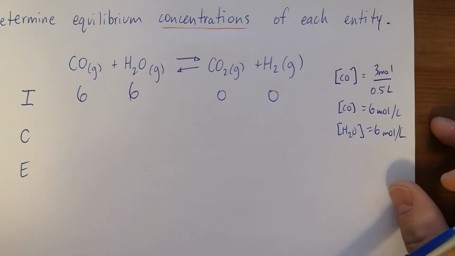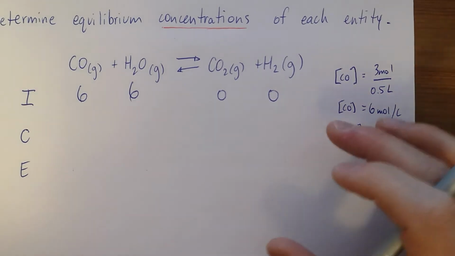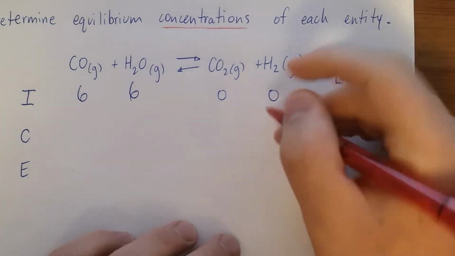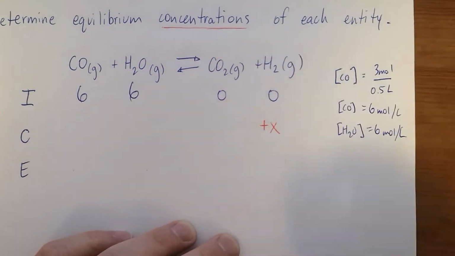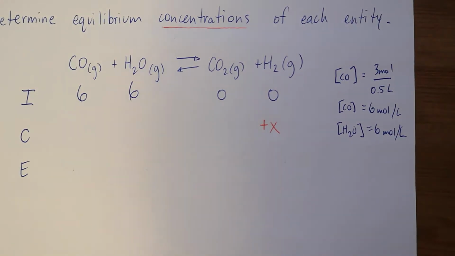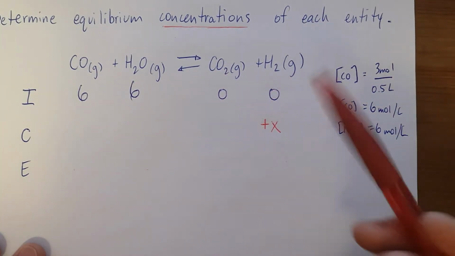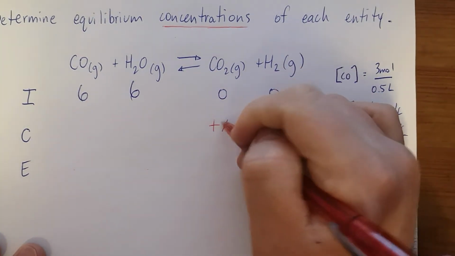What we do is we assume that one of these changes by an amount that I'm going to call x. I'll just start on the right. You apply your molar ratio to that. Now I've started simple. All coefficients are 1, so that means this change is going to be plus x.